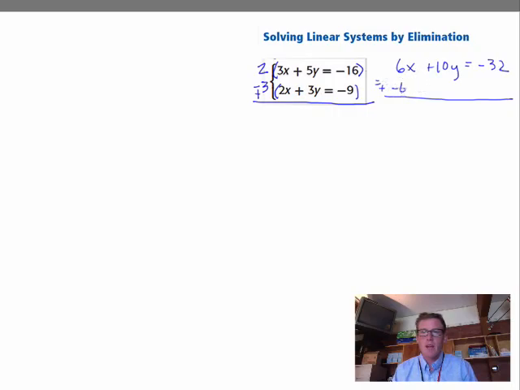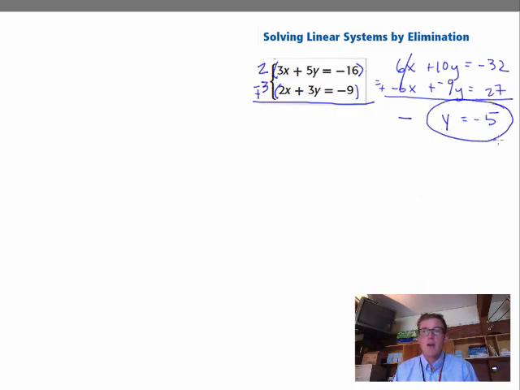This gives me negative 6x plus negative 9y equals 27. Now when I add vertically, these cancel out, and I'm left with y equals negative 5.